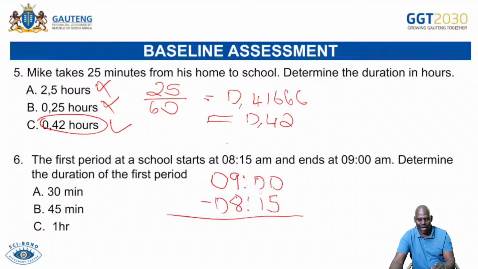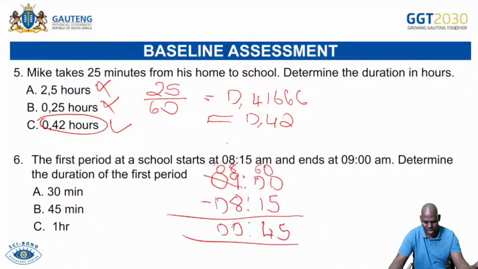In this case, I can't subtract 15 from the zeros, so I'll take 1 there, so I'm going to be left with 8. But that one, when I take it under the minutes, it becomes 60, so that I can subtract. Then I say 60 minus 15. On your calculator you get 45. So this is 45. And then of course, 8 minus 8 is 0.